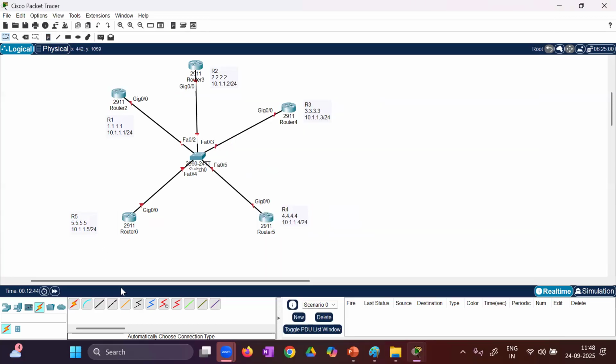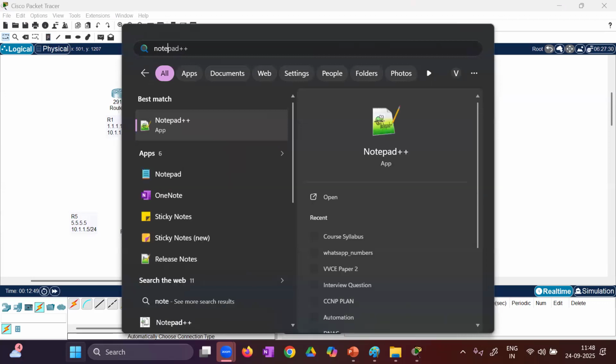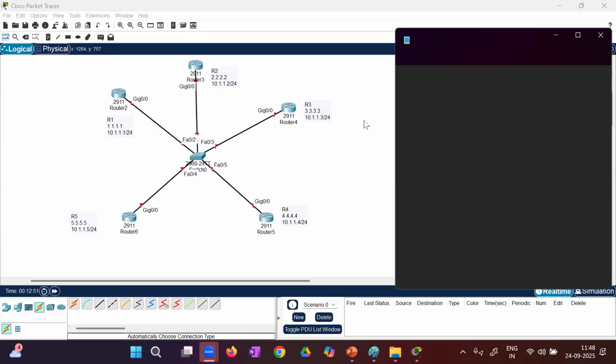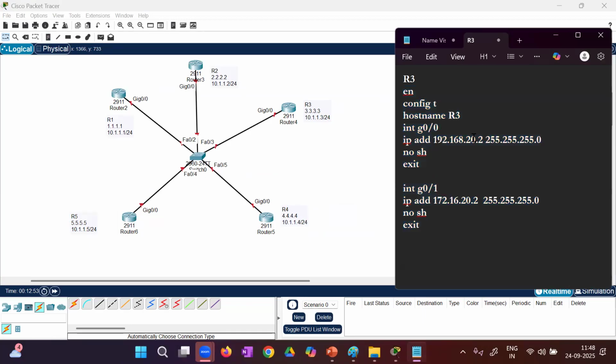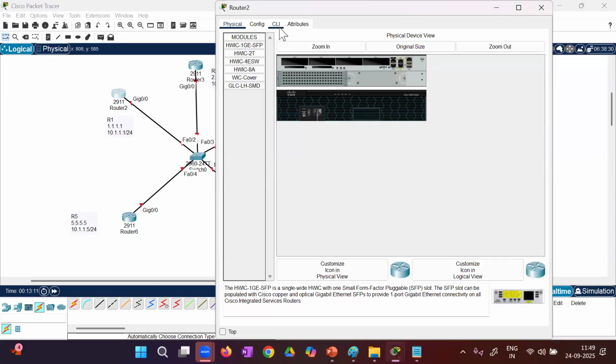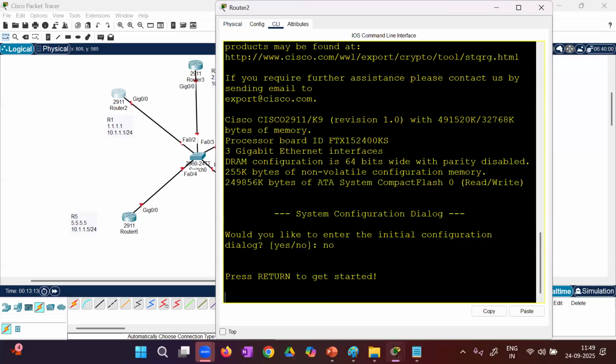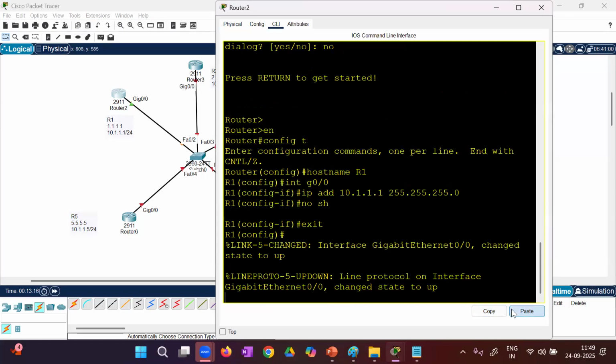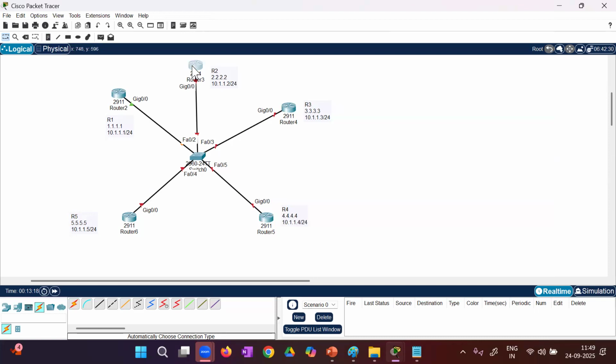Let me use a notepad only. So router 1, interface G0/0. IP is 10.1.1.1, 255.255.255.0. Done. Come to router second.